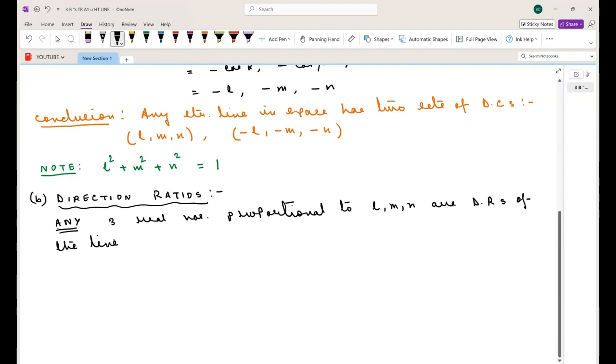Of the line means the line whose direction cosines are L, M, N. So any three real numbers.